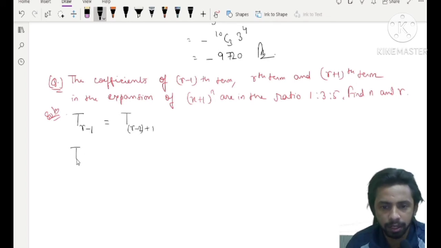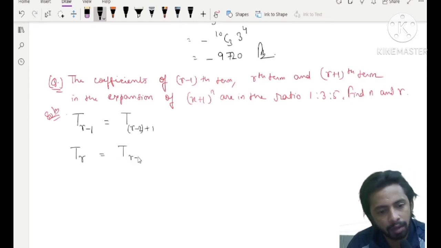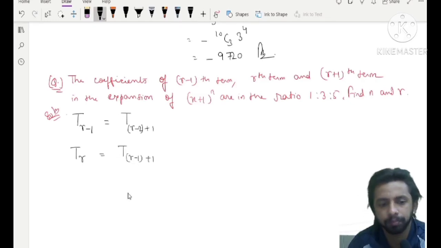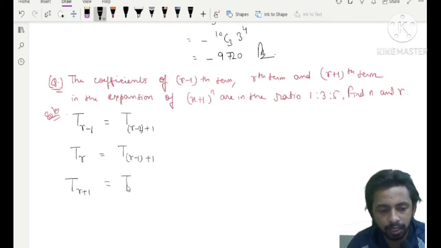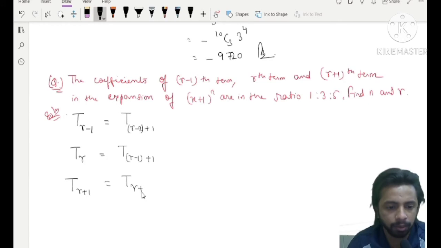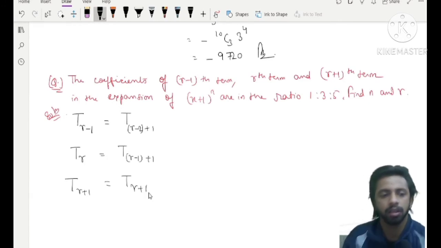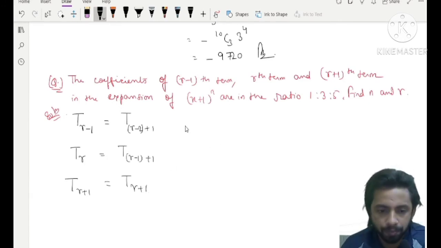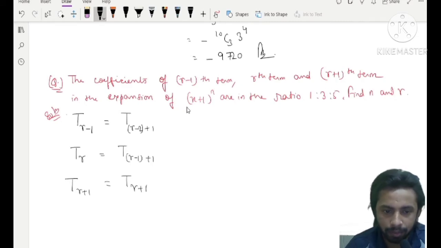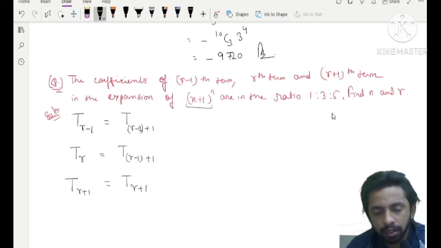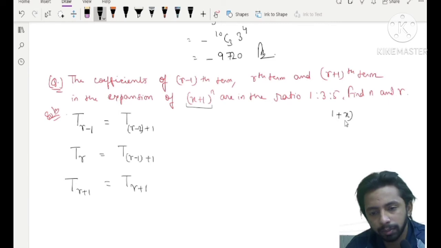Similarly, tr, the rth term, can be written as t r minus 1 plus 1, and then tr plus 1 is tr plus 1 only. Okay. So the expansion is x plus 1 to the power n. It is better if you take it this way, 1 plus x to the power n.